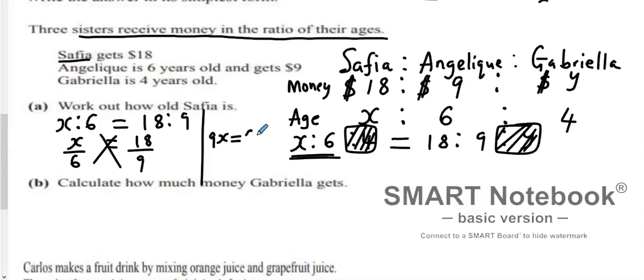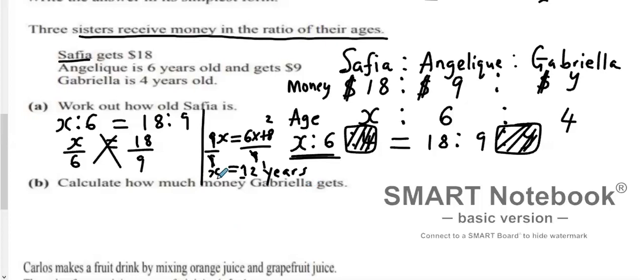To find the value of x, divide by 9. 9 goes into 18 twice. So x, which is the age of Safia, equals 6 times 2. That gives you 12 years. 12 years is the age of Safia. I hope that is clear.